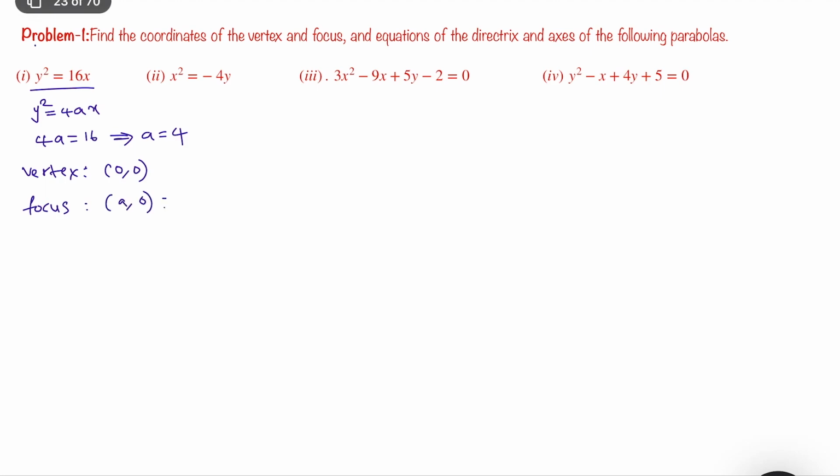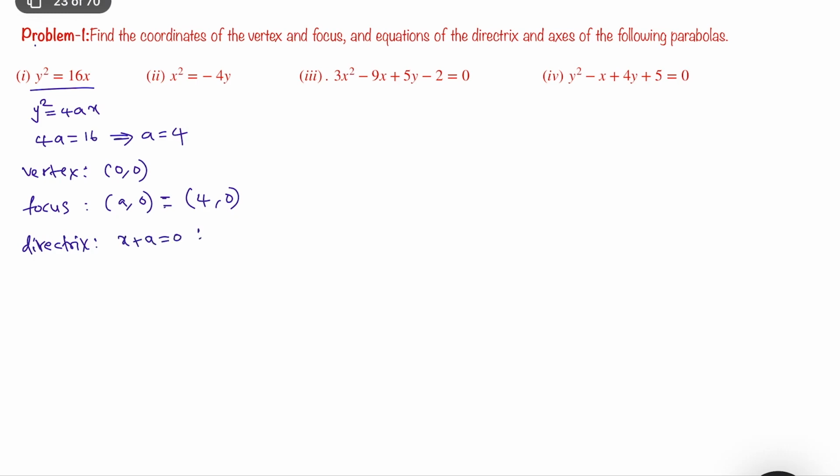So here a equal to 4, so it should be 4 comma 0. And the directrix for this standard equation is, we know, x plus a equal to 0.